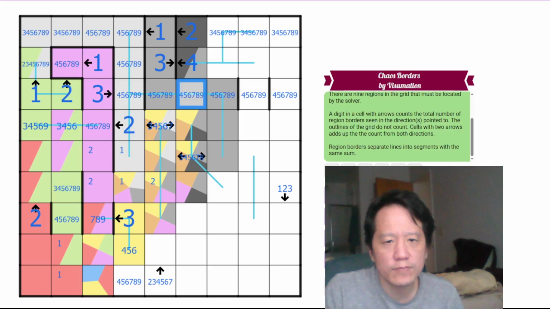Um, we have one boundary here. You could have 2, 3, 4.